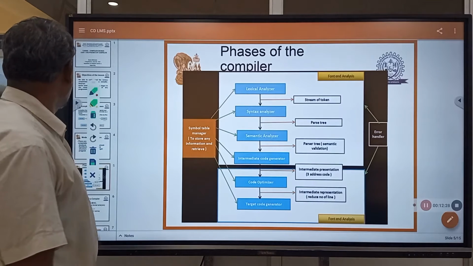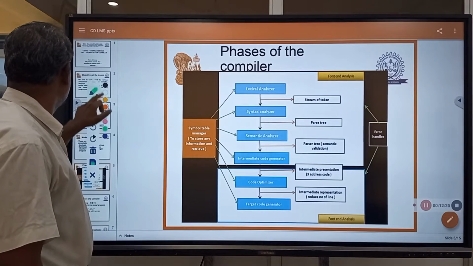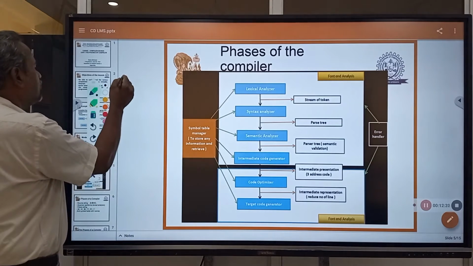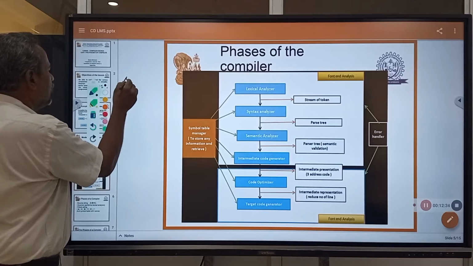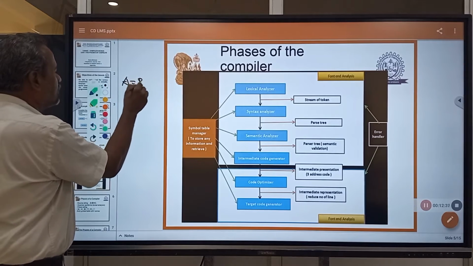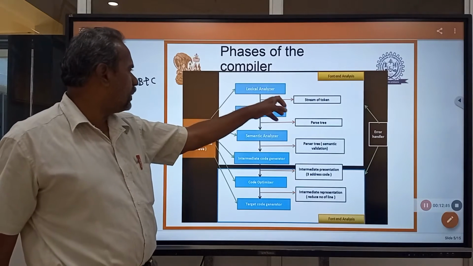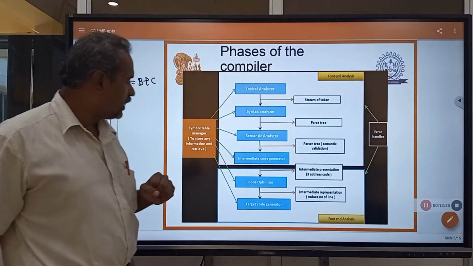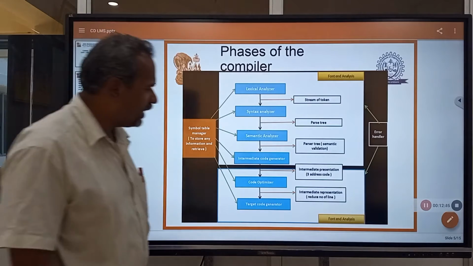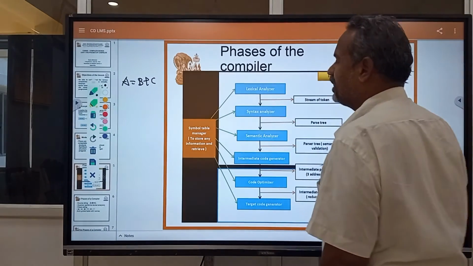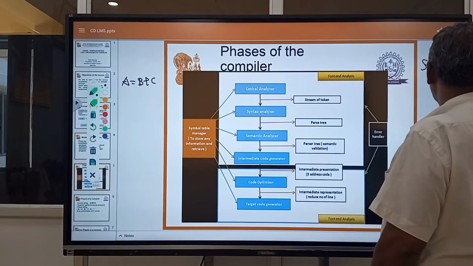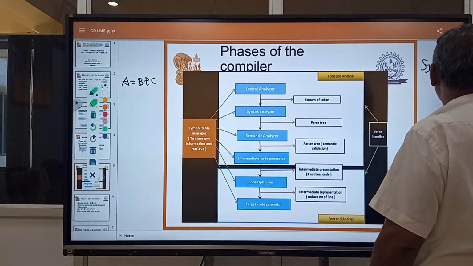The expression is A equal to B plus C. When the first phase of the compiler gets it, it will find the expression A equal to B plus C. A symbol table will be generated, or the things will be passed to the symbol table.